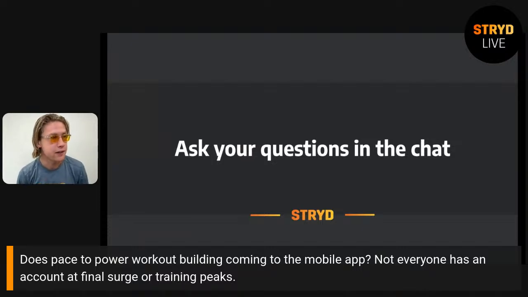So that's a great feature suggestion. That's definitely something we'll be looking at for the future. But for now, the use case is targeted towards coached athletes, and I definitely see possibilities to take it even further in the future.